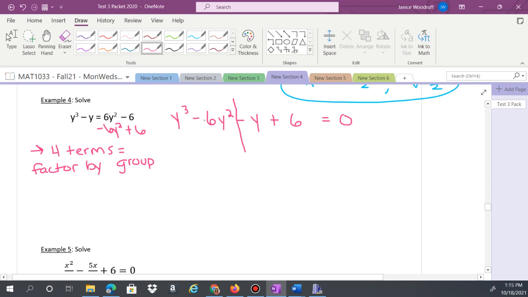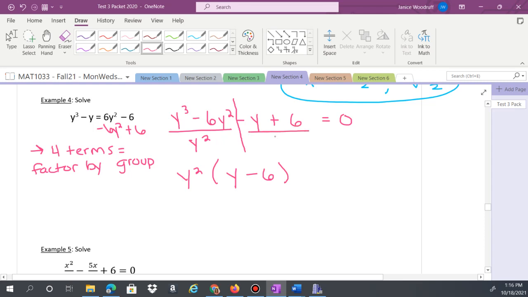Okay, what can I take out of y cubed minus 6y squared? Y squared. All right, so let's see what that gives us. Y squared, y cubed over y squared, that'll give us y, and minus 6. What can I take out of minus y plus 6? Negative 1.